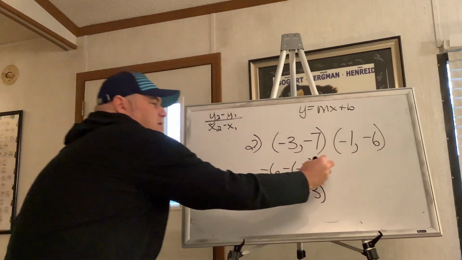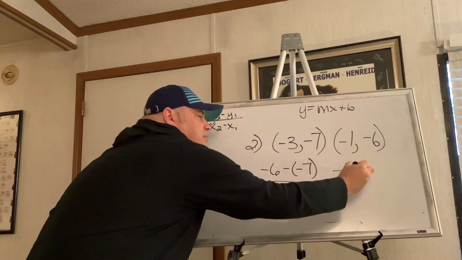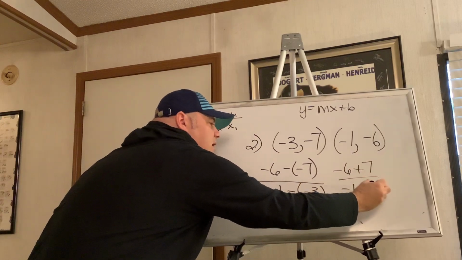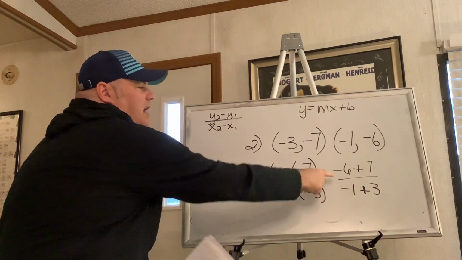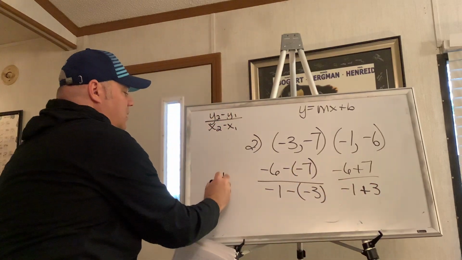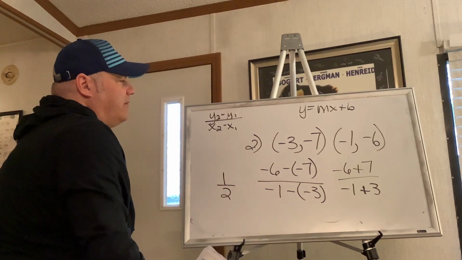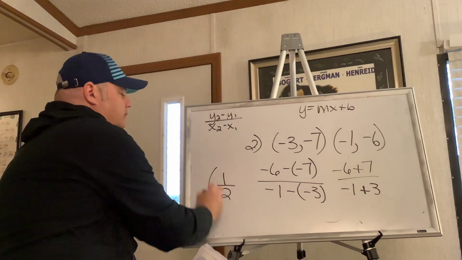So to change the double signs, that's what I would do next. Negative 6 plus 7. Over here is negative 1 plus 3. And so negative 6 plus 7 is 1. And negative 1 plus 3 is 2. So 1/2. Okay?